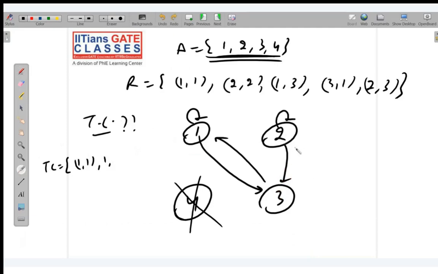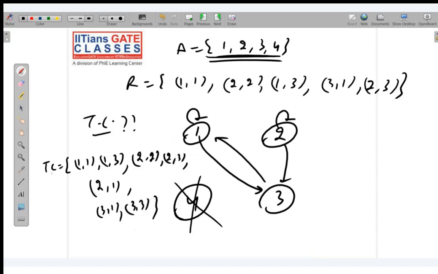So how will we get 1 to 2? 1 to 3, yes. 1 to 4, forget it. 2 to 2, yes. 2 to 3, yes. 2 to 1, yes. 2 to 4, forget it. 3 to 1, yes, directly we have a path. 3 to 2, no path. 3 to 3, yes. So this is our transitive closure.